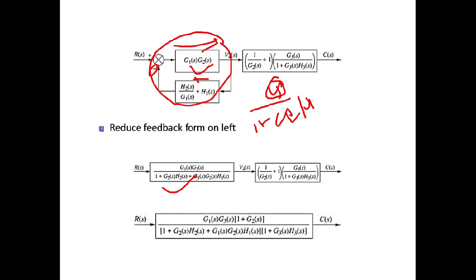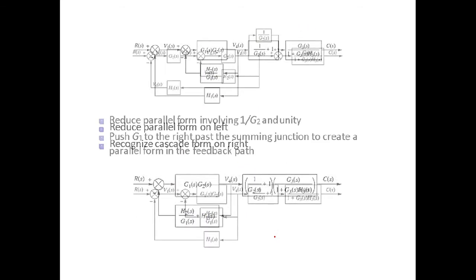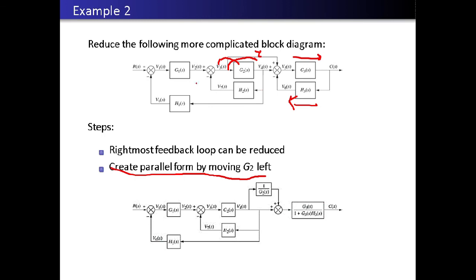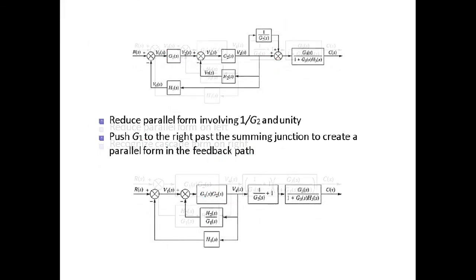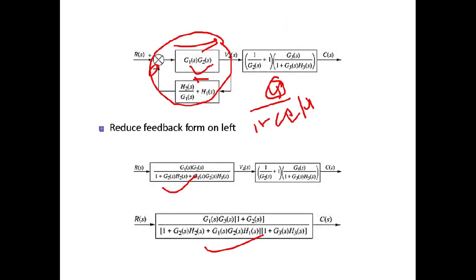Now you can see this transfer function and this transfer function are again connected in cascade form. By multiplying both of these equations, you will get the final transfer function of this particular block diagram. So you can convert this much of a complex system into a single block. In that way you can analyze the behavior of the system. Both things are the same, only we are dealing with a reduced block diagram.